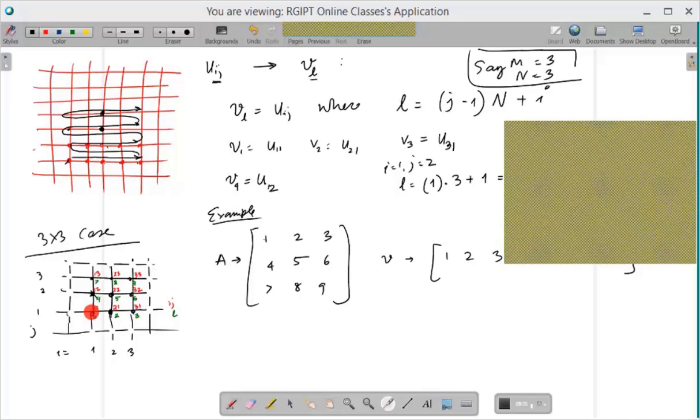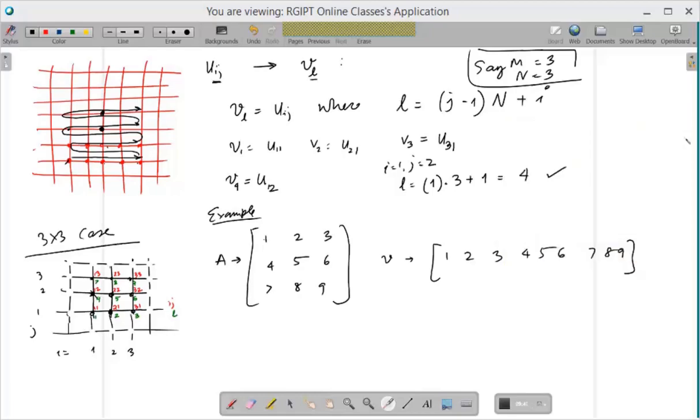I am changing my L by changing my I. It's the same scheme I'm following. So I'm just reformatting the data representation. Rather than writing in a matrix form, I am writing it in a vectorial, single array form, with a particular convention, which is I travel along this direction first. When I'm exhausted, I come back, next row, and so on.